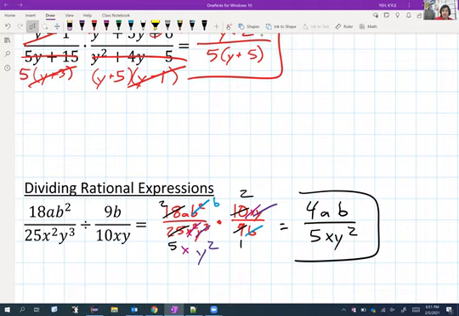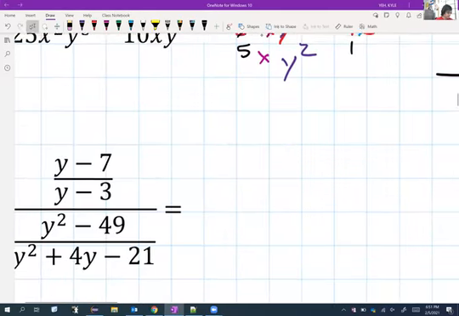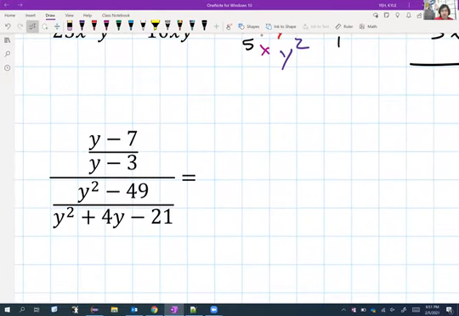Let's do another division one, another copy dot flip with rational expressions. And it's going to look scary, but it's actually not. Yes, there are a lot of fraction bars in there. (y minus 7) over (y minus 3) divided by (y squared minus 49) over (y squared plus 4y minus 21).